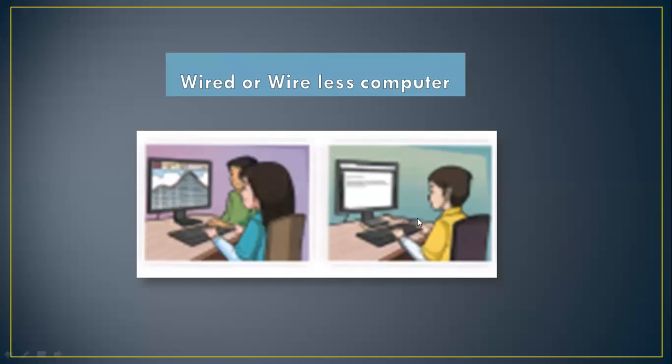The boy is using a wireless system. He is using a mouse and keyboard connected wirelessly. Picture A is wireless and picture B is wired.